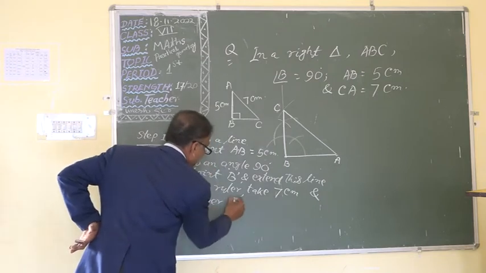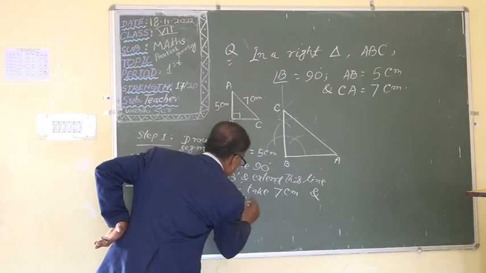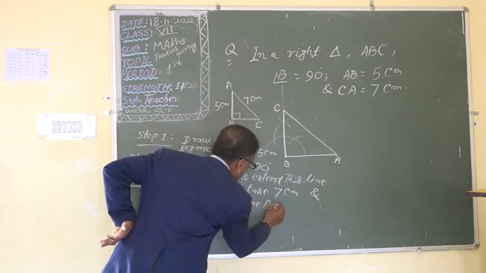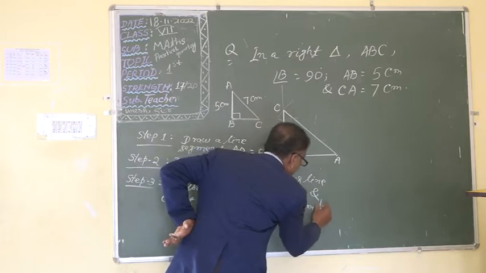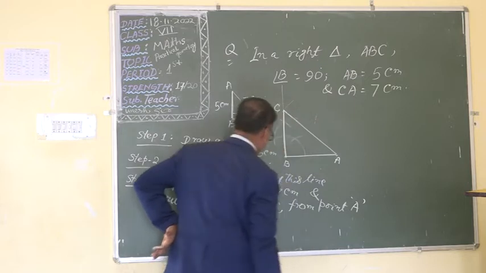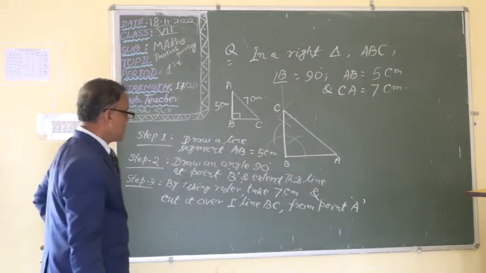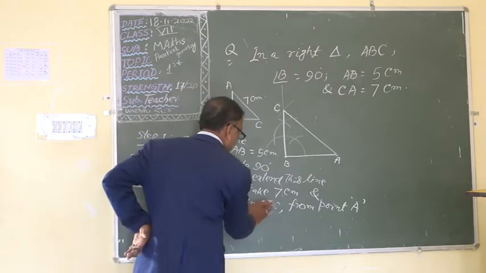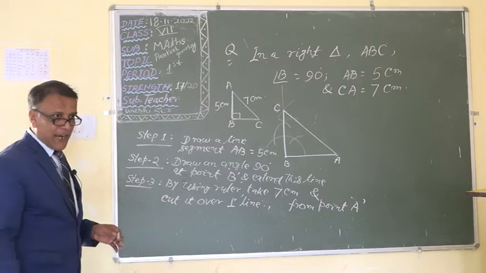This is the perpendicular, symbolically I have written. Cut it over perpendicular line BC from point A.